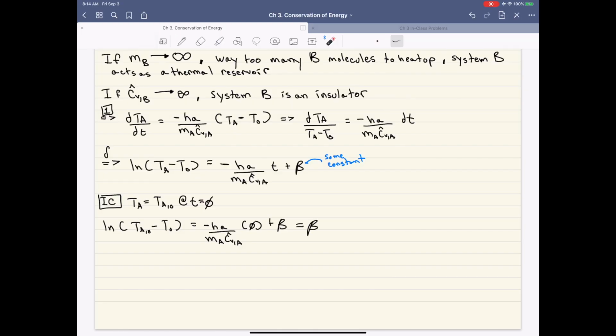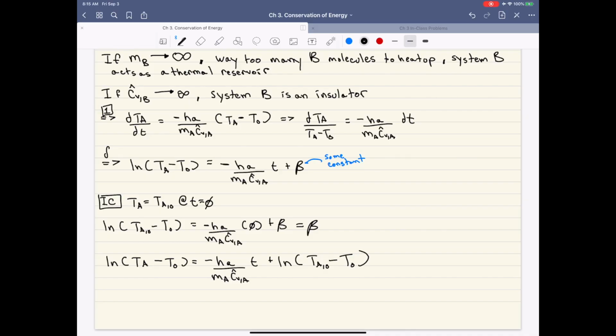We get that beta is just equal to this. Okay? Alright, and so what we now have is ln of Ta minus T naught is equal to minus HA over MA CVA times time plus the natural log of Ta naught minus T naught.